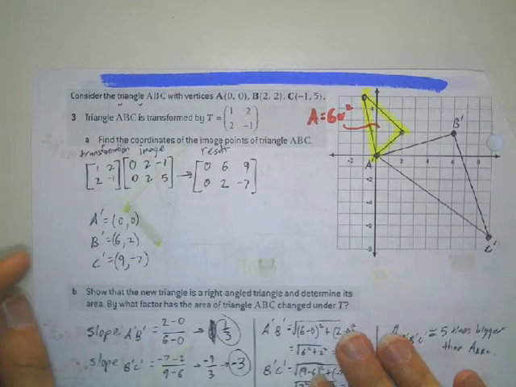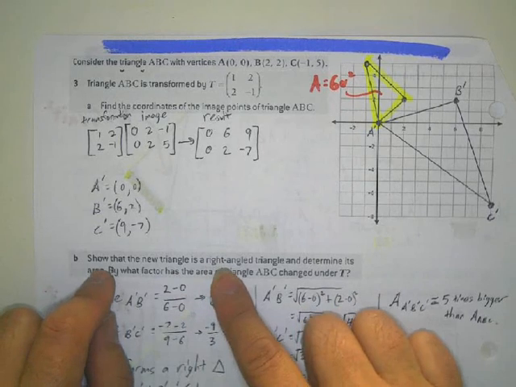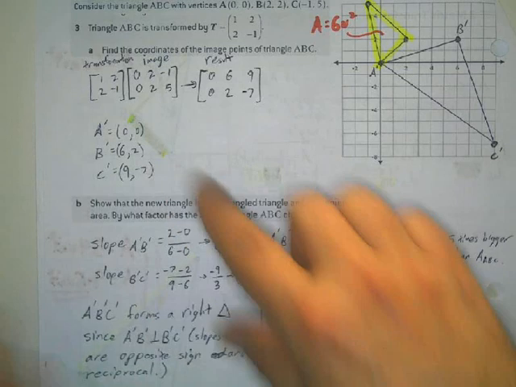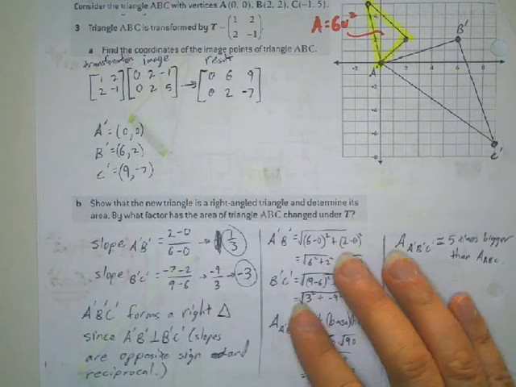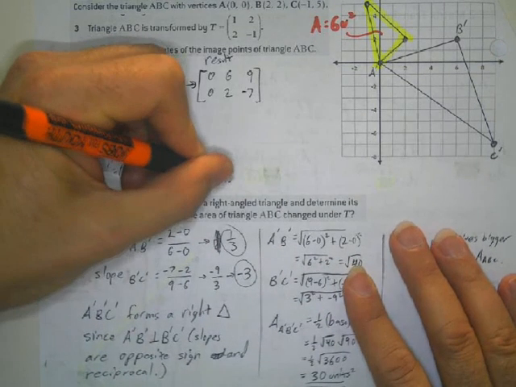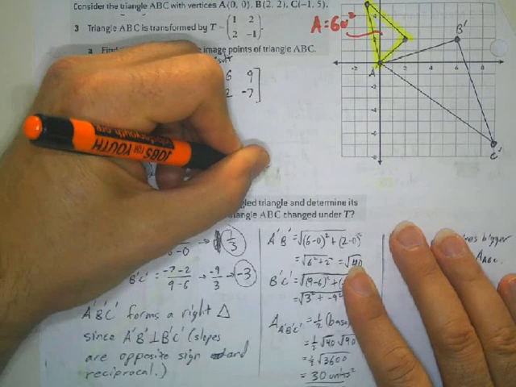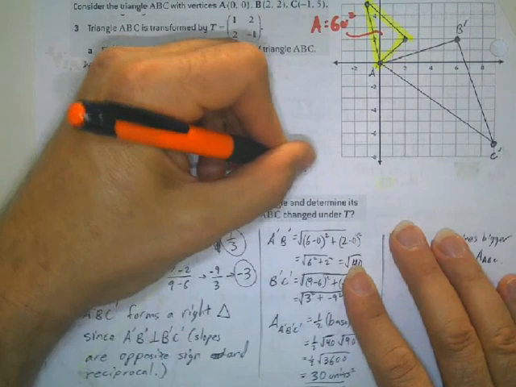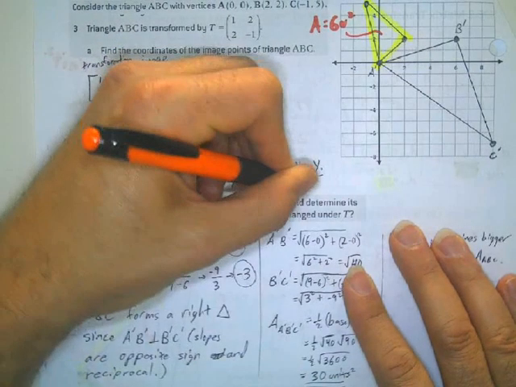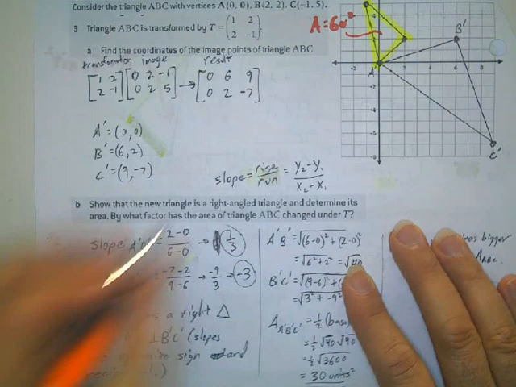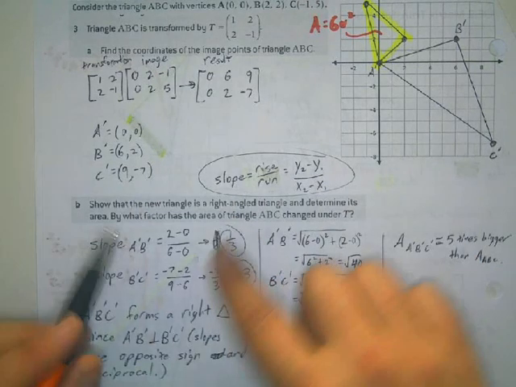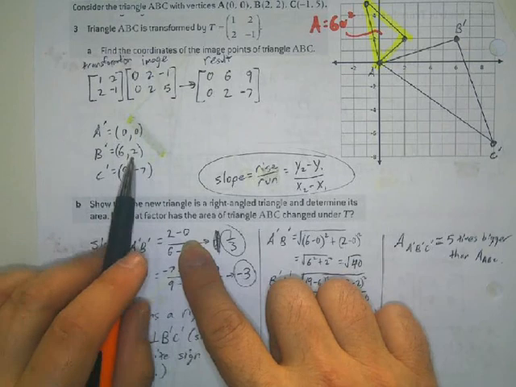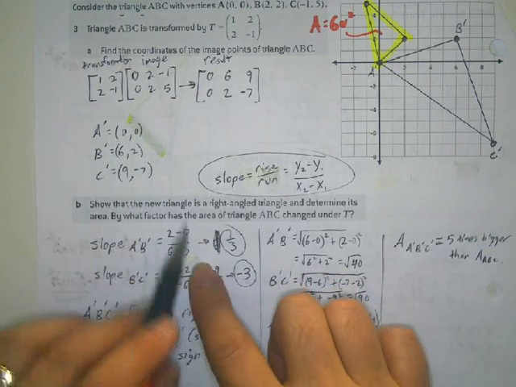Okay, now the next thing says show that the new triangle is a right triangle. So taking the coordinates, we know to find slope is equal to rise over run, right? Which is equal to y2 minus y1 over x2 minus x1, right? So using slope, I can say, okay, so 2 minus 0, divided by 6 minus 0, and I get a slope of 1/3.